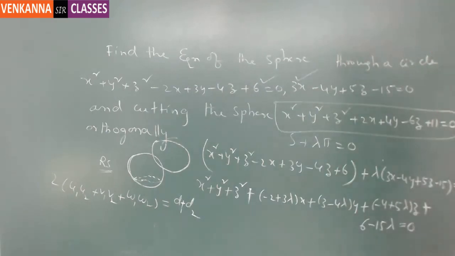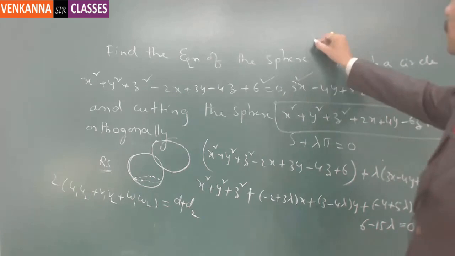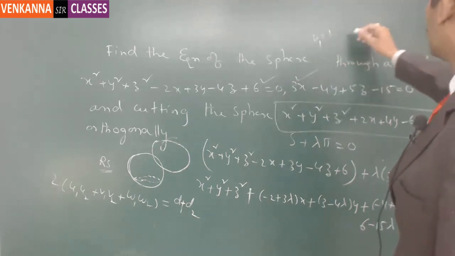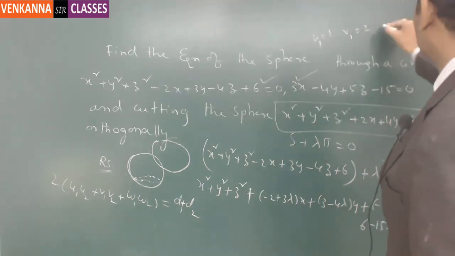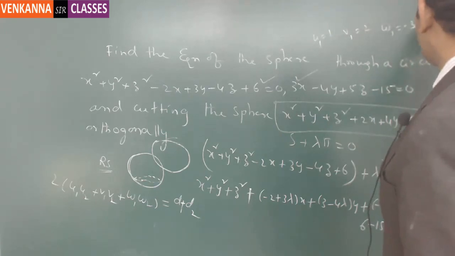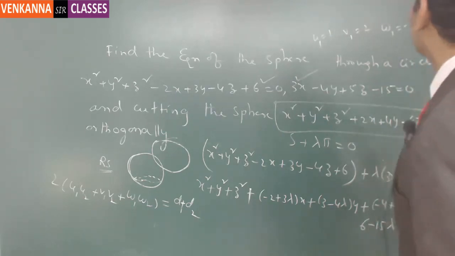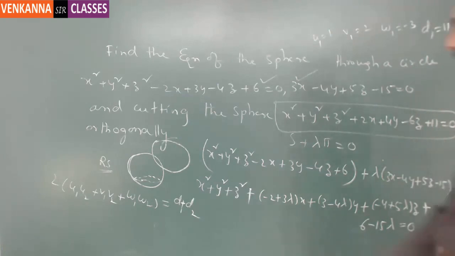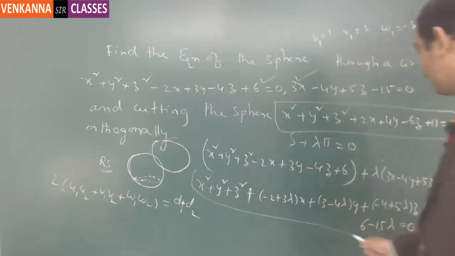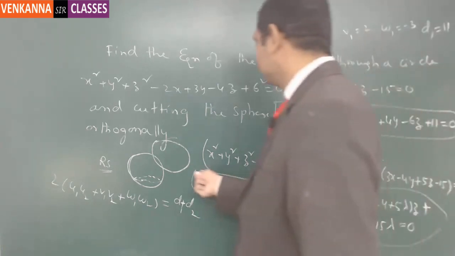If you take the coefficients u, v, w and d, then u1 is equal to 1, v1 is equal to 2, w1 is equal to minus 3, d1 is equal to 11. This is the other sphere, which is the required one. These two are intersecting.